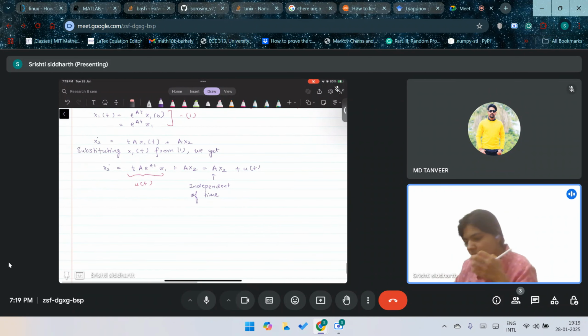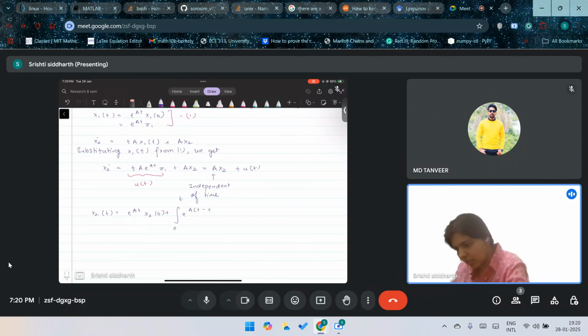Alright, so in that case, x2 at any time t is simply e to the power At times x2(0), then the integral from 0 to t of e to the power A(t minus tau), where we say that B is just the identity matrix, and then u(tau) d tau.